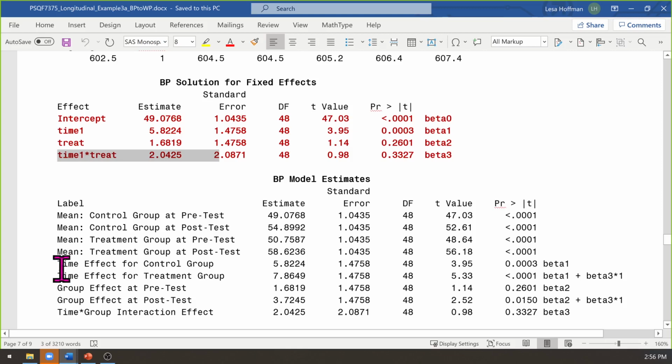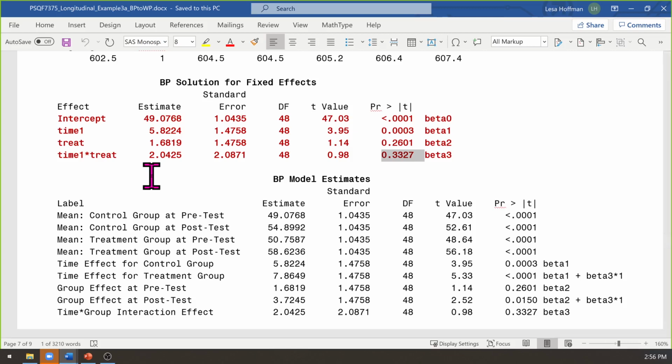And down here, I can actually get the result from my estimate statement so that I can get a hypothesis test for that effect. However, that 2 difference in the time slope of the treatment group relative to control is non-significant. So while treatment did improve more than control, it did not improve significantly more.